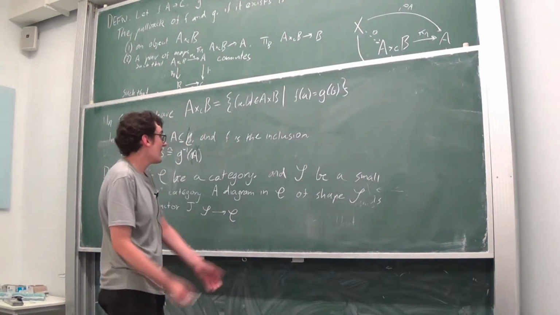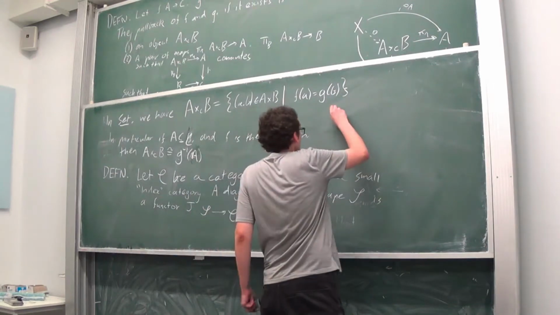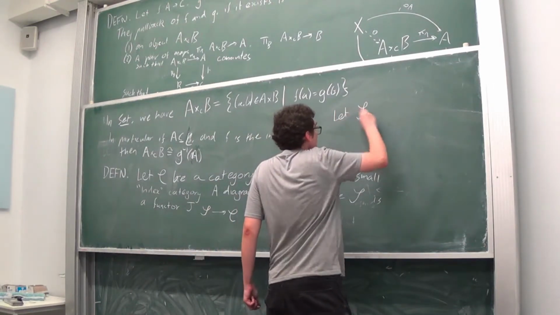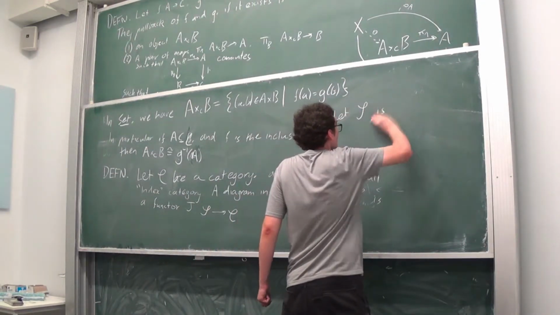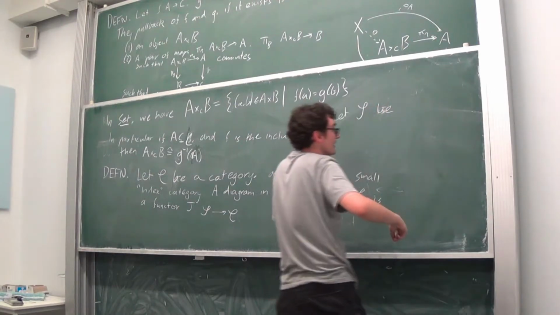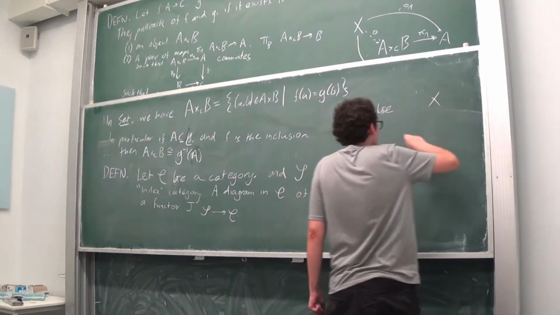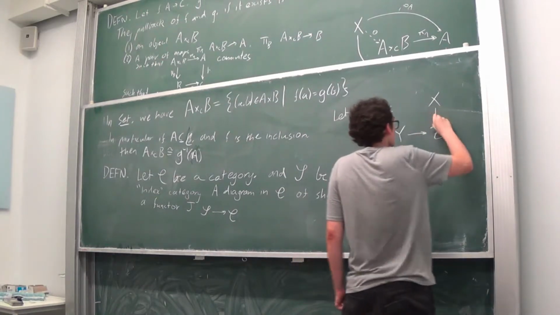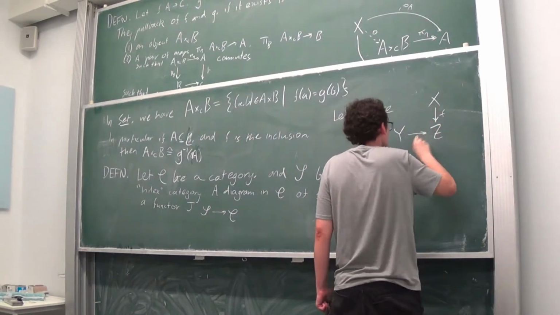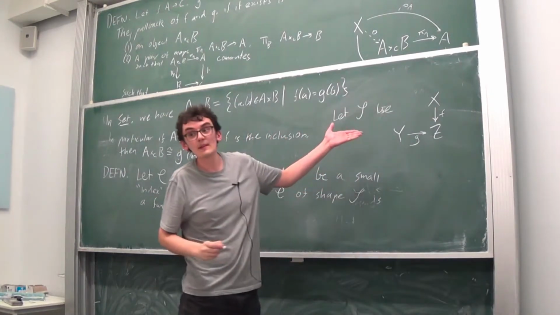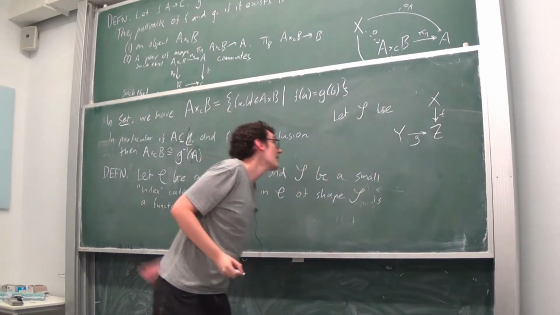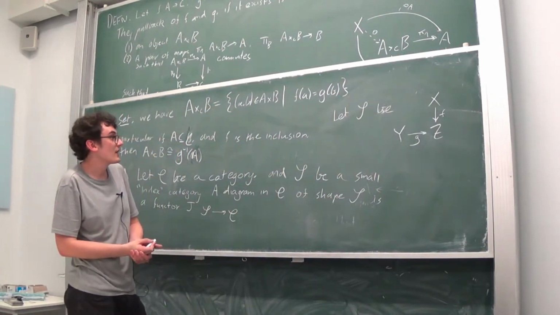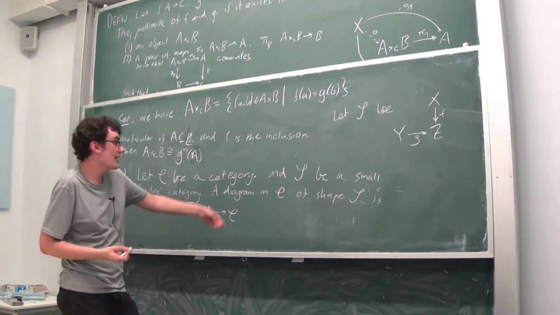Let's say that J is the following category. It's got 3 objects and 2 morphisms, f and g. Obviously, it also has identity morphisms, but I'm not going to bother drawing those. Okay, so then what is a functor that goes from J to C?